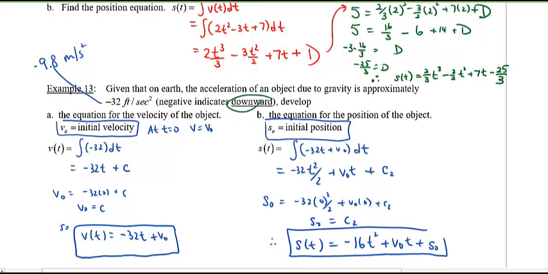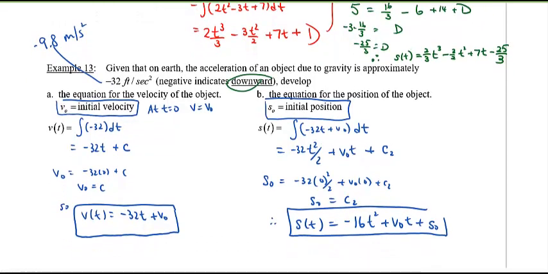And those of you in Canada, instead of having negative 32, you should have negative 9.8 t plus v0. And then instead of that, it's half of negative 9.8, so negative 4.9 t squared plus v0t plus s sub 0. All right, there you go.